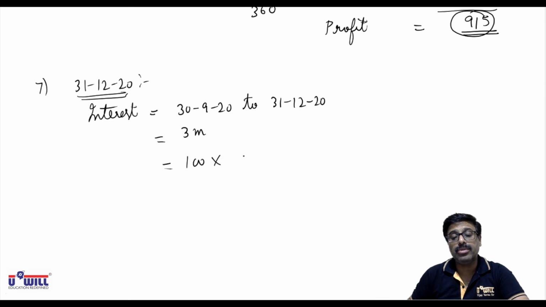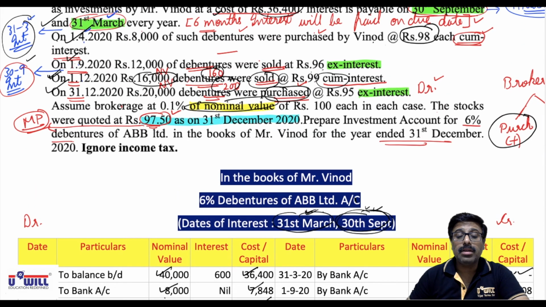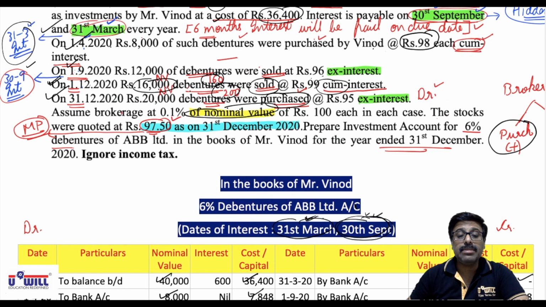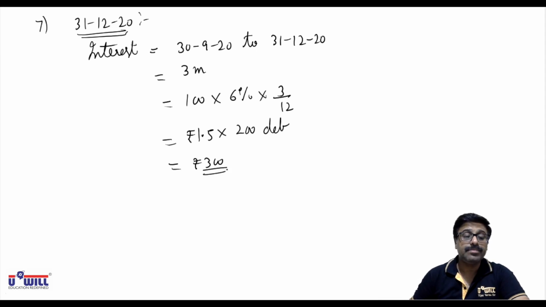100 into 6% into 3 by 12. 1.5 is the interest multiplied by how many debentures are purchased on 31st December? 20,000 means 200 debentures are purchased. So 200 into 1.5, 300 will come in the interest column.